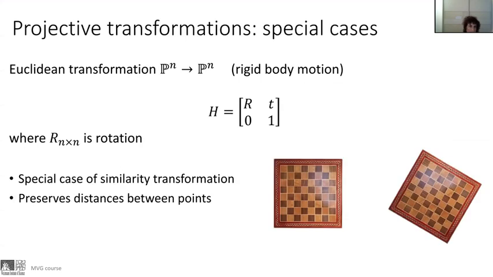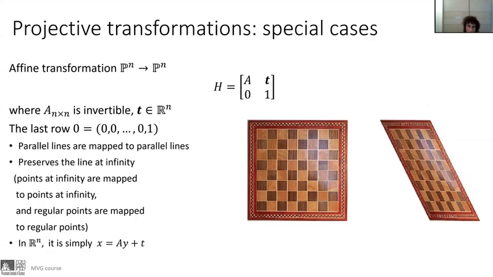For example, take any plane that you see from here, and you apply some transformation in this plane, and that's what you get.